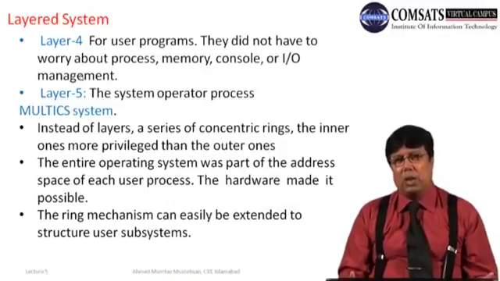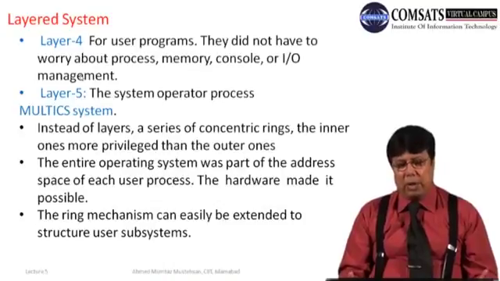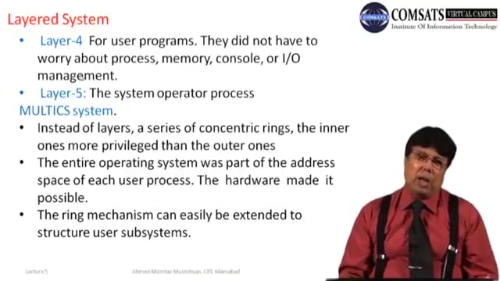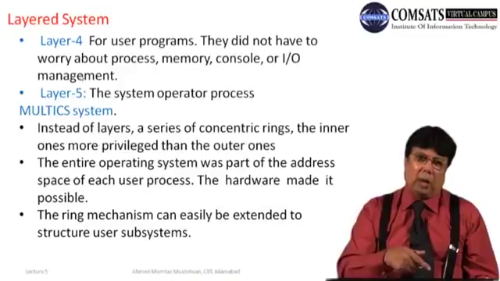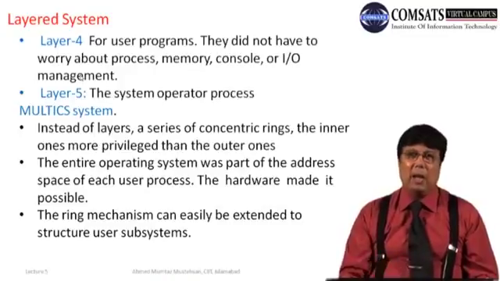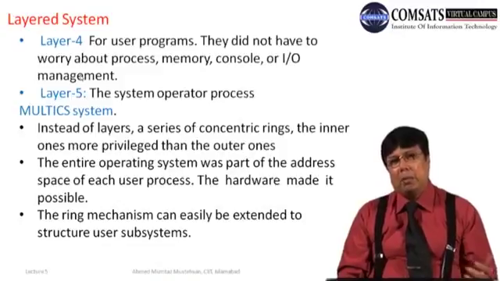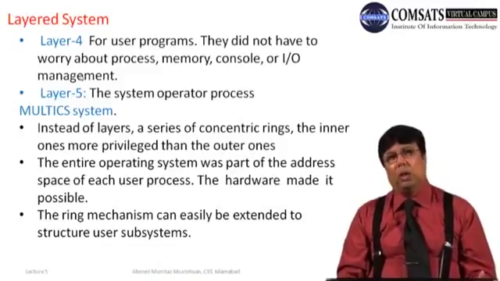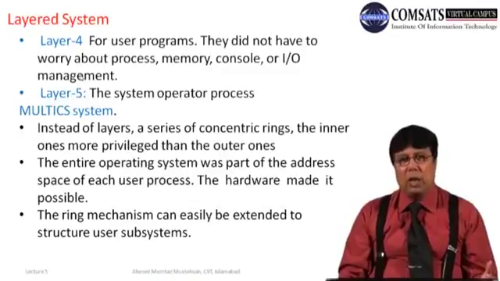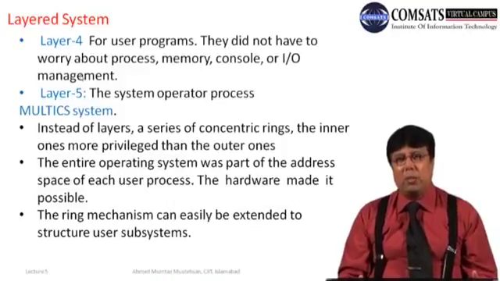How was the extension easy? We could say that a professor's program could be allowed to run on ring number n, and the student's process should be running in n+1. So the user or the student should not be able to interfere with their grades provided by, or computed by, the professor in the inner ring.